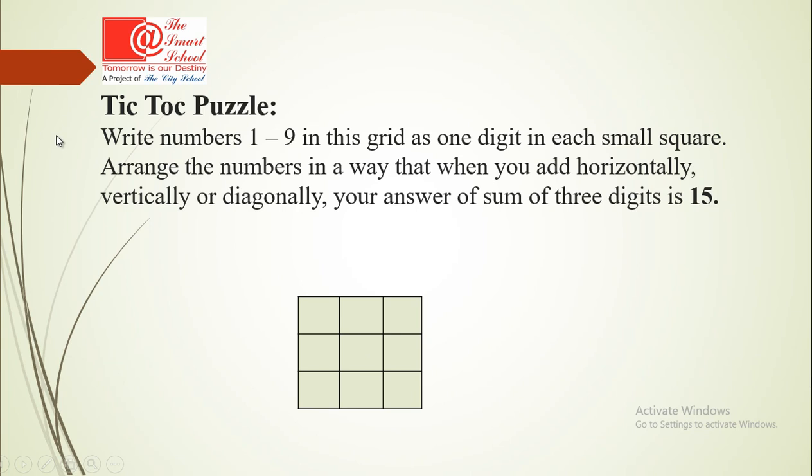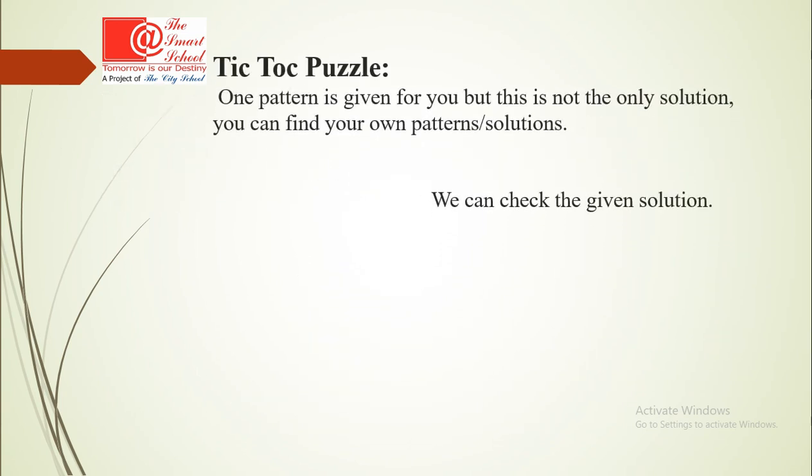Now I think you can try and do it yourself, but I will give you one solution only. So here one pattern is given for you, but this is not the only solution. You can find your own pattern or solutions, more than one even.